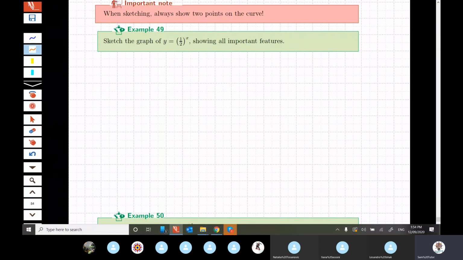When sketching, try to show 2 points on the curve so then you can make sure you haven't drawn your graph wrong. Y equals half to the x. Y equals 1 to the x on 2 to the x. 1 to the power of anything is just 1.